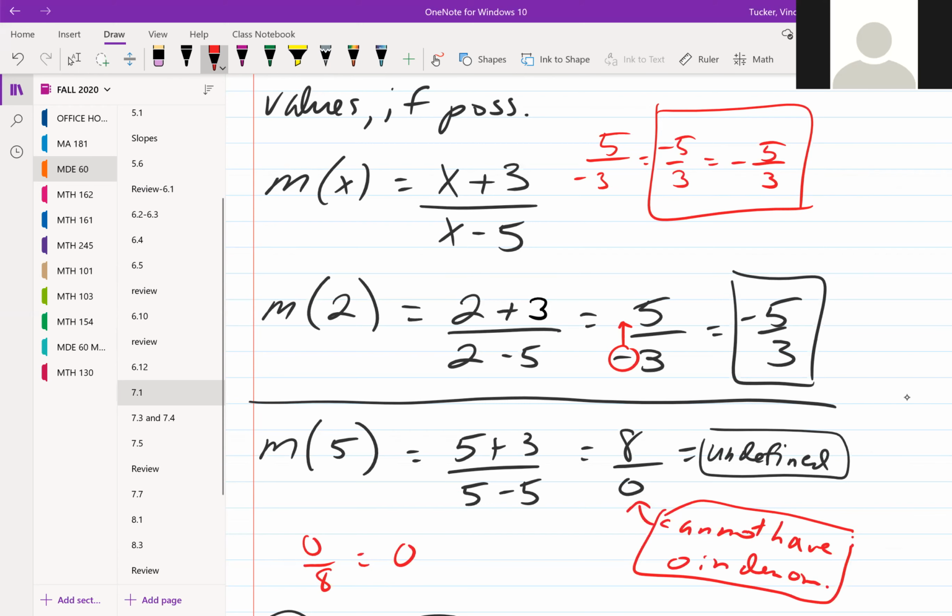Okay, so 8 over 0 is undefined. What does that say? Cannot have a 0 in the denominator.